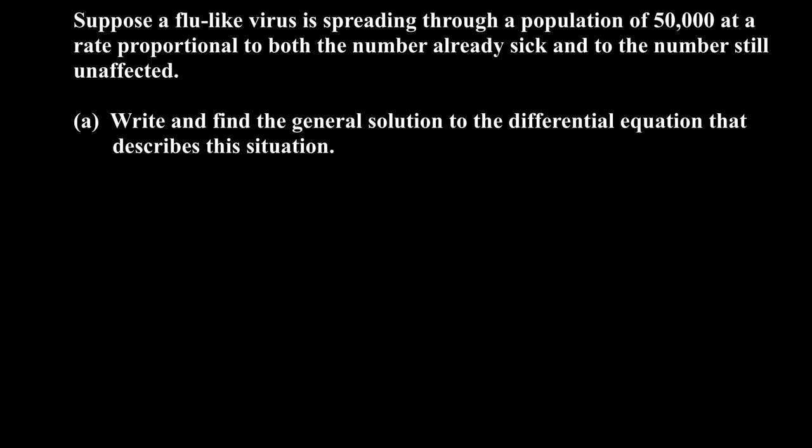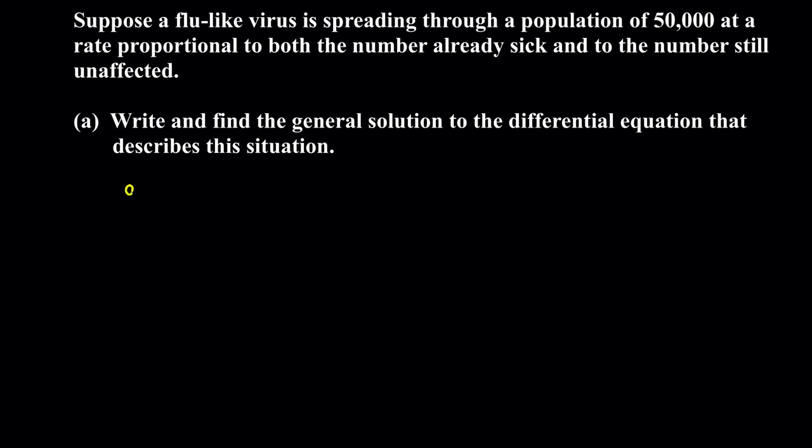All right, so next question says, suppose a flu-like virus is spreading through a population of 50,000 people at a rate proportional to both the number already sick and to the number still unaffected. So we're going to write and find a general solution to the differential equation that describes this situation. Well, the only information we have is going to be our carrying capacity of 50,000 people.